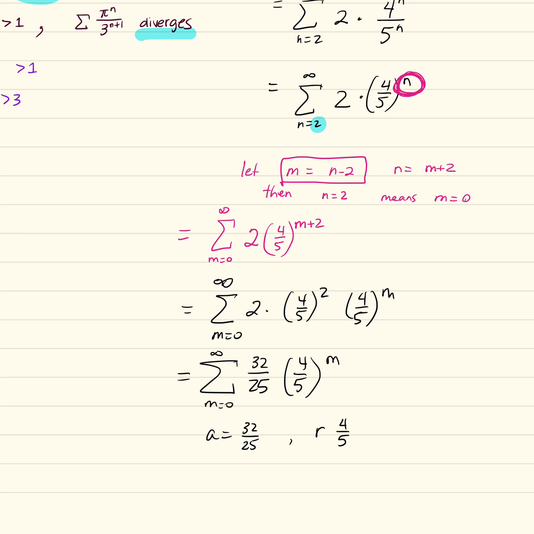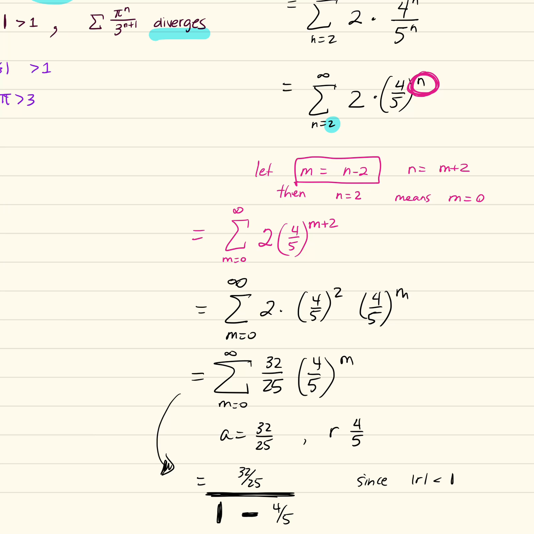So I use my formula to say that this is going to be equal to 32 over 25 divided by 1 minus 4/5, right? Since the absolute value of r is less than 1. And I can simplify this further if I wanted to.